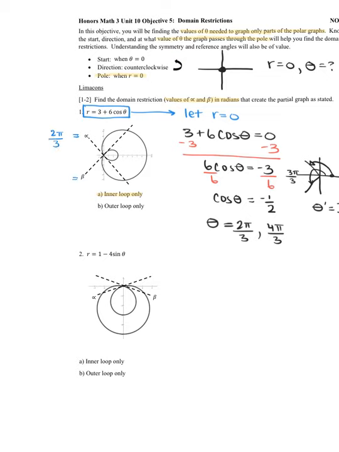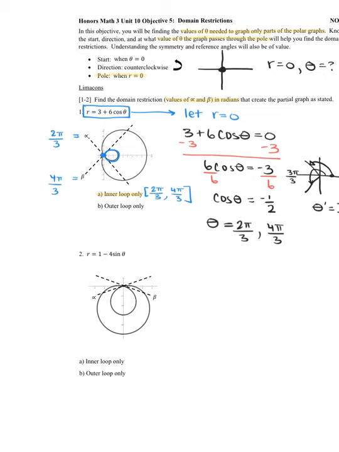And then my beta value that I just found is 4 pi over 3. So at alpha of 2 pi over 3, that's the start of my inner loop, and then it's going to rotate through and enter the radius equaling 0 at 4 pi over 3. So that's going to create my inner loop. So my inner loop value is created between 2 pi over 3 and 4 pi over 3.